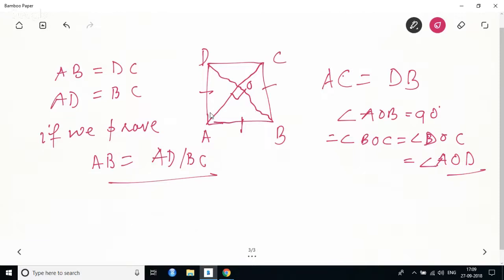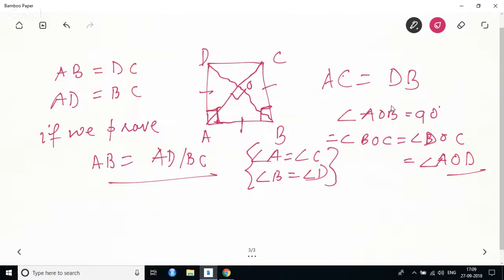And then I have to prove that adjacent angles are 90 degree. Why? Because A and C are already equal because it is a parallelogram, and B and D are already equal because that's a parallelogram. So if I prove that A and B or C and D, any two adjacent angles are 90°, I'll be able to prove it. So now try to understand, guys.